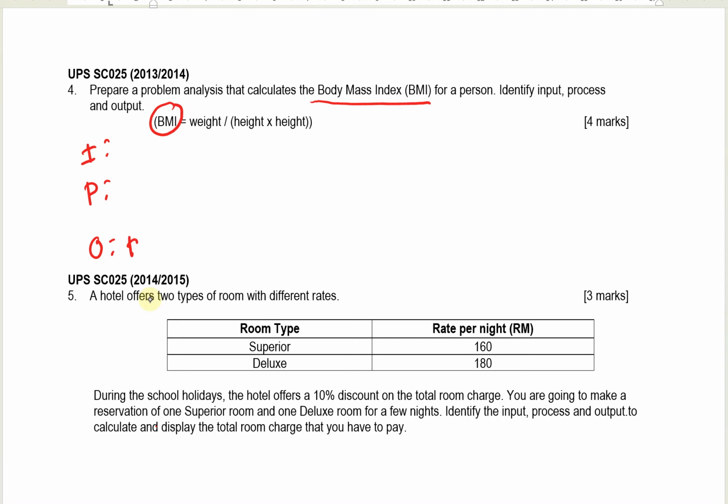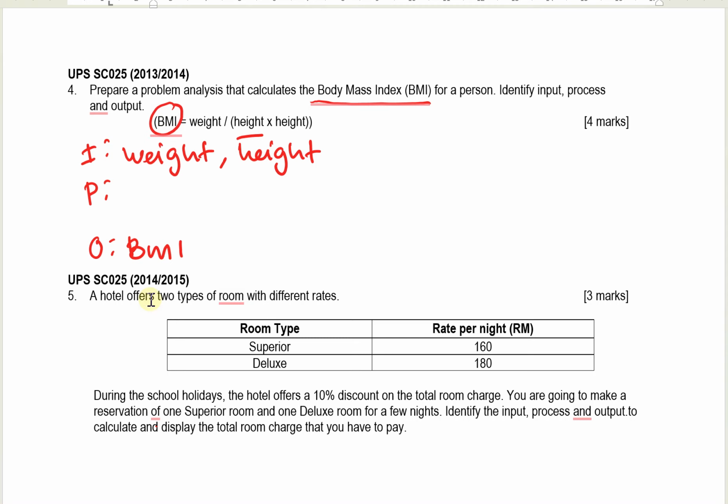This is what you are going to get, BMI. And then to get the BMI, what is the input that you need to enter? Of course, weight and height. So the input should be weight, comma, height. Do you need to write height twice? Okay, no. You only write height once.